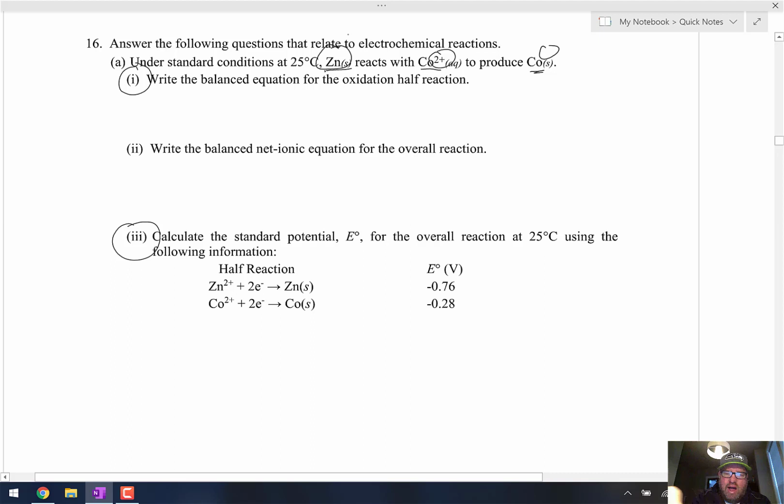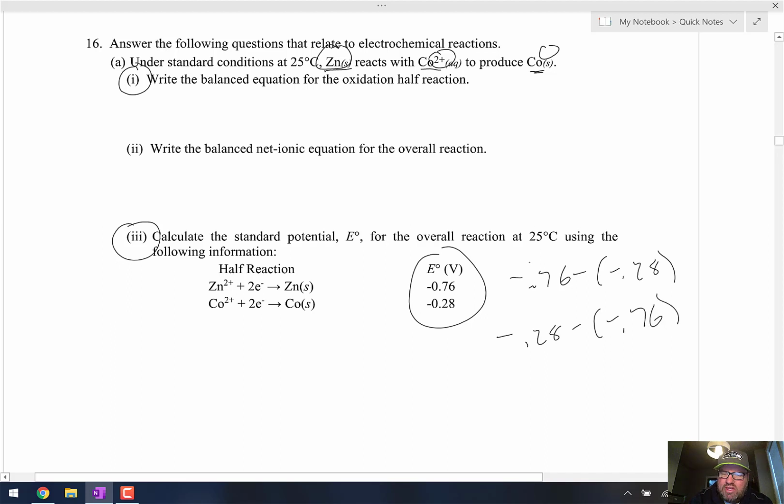Another way that they give you information is down here. They give you the cell potentials, and remember that for a voltaic cell, it must be a positive value. So you can either go negative 0.76 minus negative 0.28, or the opposite, negative 0.28 minus negative 0.76.